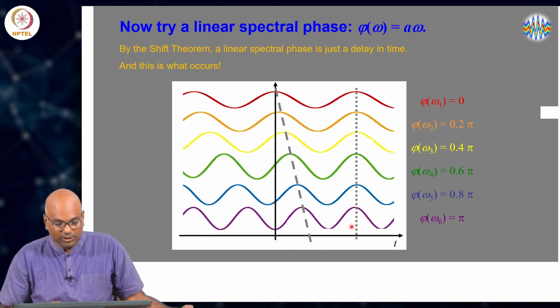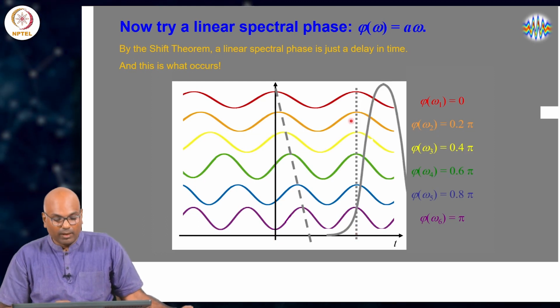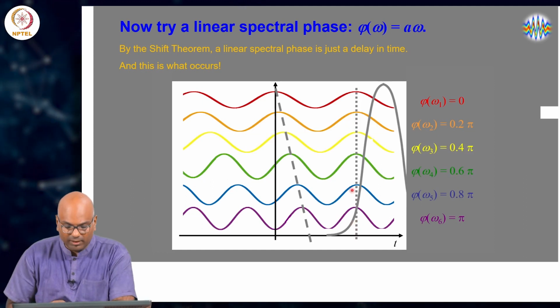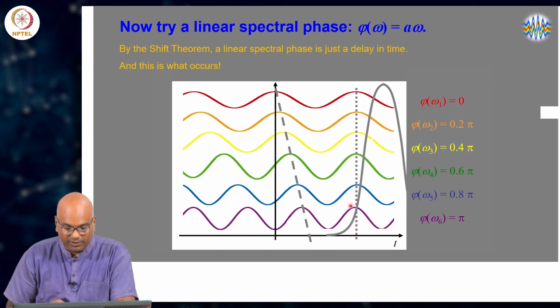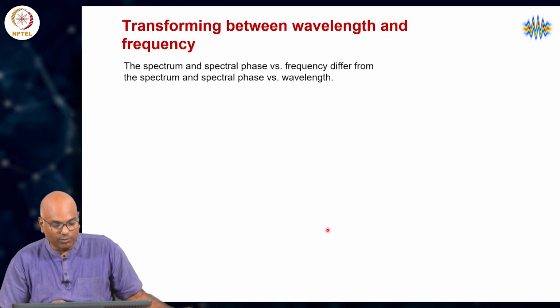But then what this means is that at this new location where all the maxima are aligned, my pulse has gotten shifted a bit, the pulse essentially has moved forward in time. Okay. So, that is what has happened.